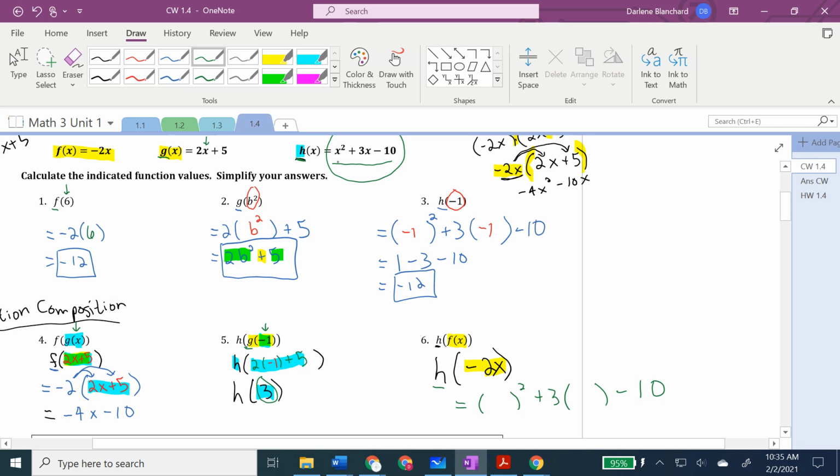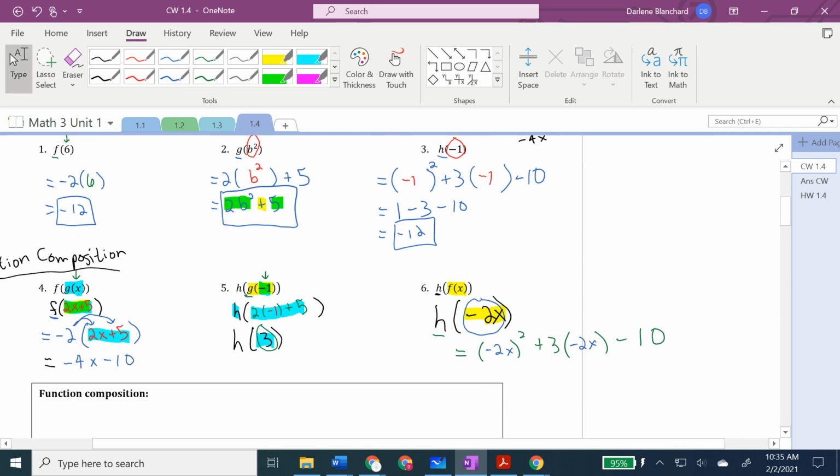So I'm rewriting the h expression, but instead of writing x, I'm putting a parentheses as an empty spot, and x is replaced with this expression, negative 2x. And this is as simplified as you can get because we can't add together terms that are not like, having the same variable.